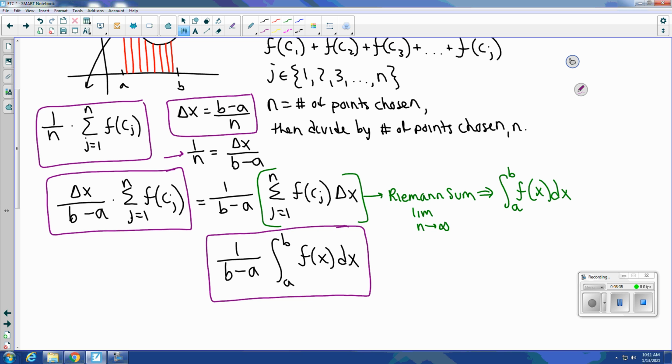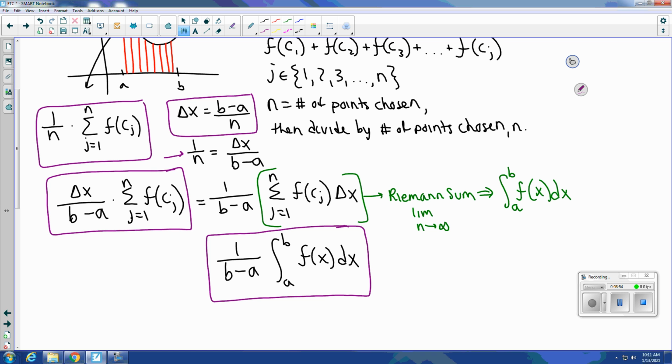Then, using summation notation and the idea behind adding things up and multiplying by a constant at the end, we can multiply each value by that constant and then add them all up, which allowed us to put delta x within the sigma notation, and that revealed the definition of a Riemann sum.